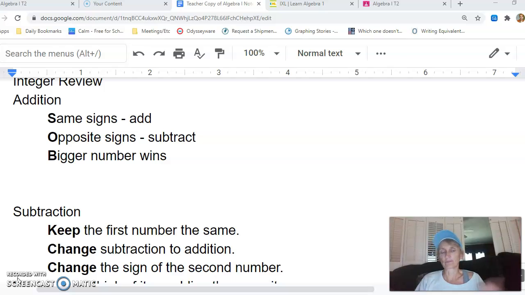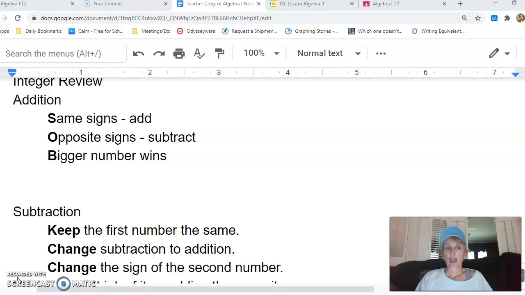So when we're looking at those signed numbers, and it's an addition problem, if they're the same signs, we're going to add and keep the sign. If they're opposite signs, they're trying to go in different directions, so we're going to subtract, and the bigger number wins. Larger absolute value is going to decide the sign.